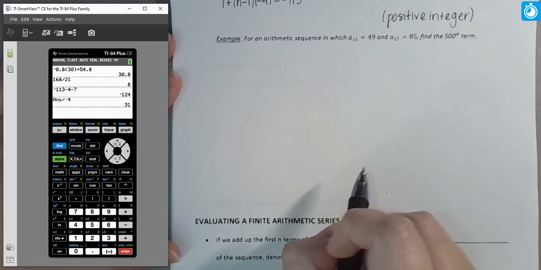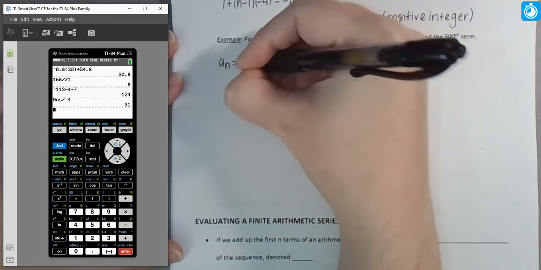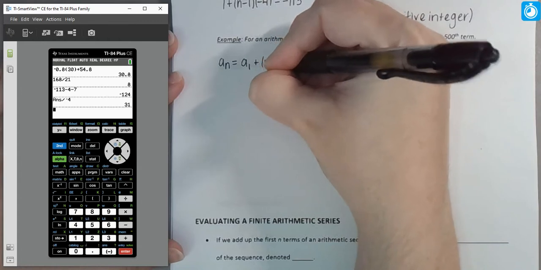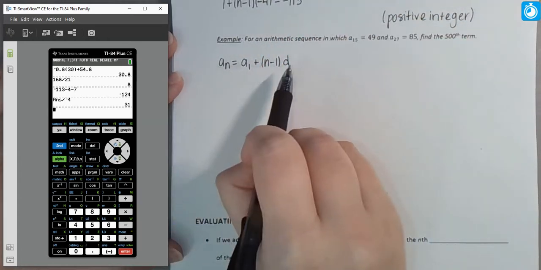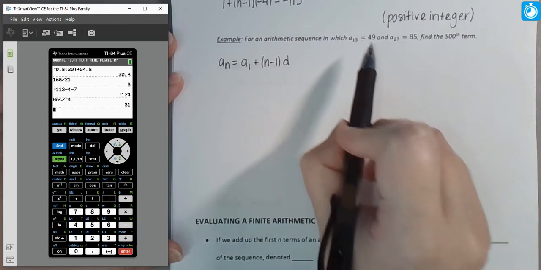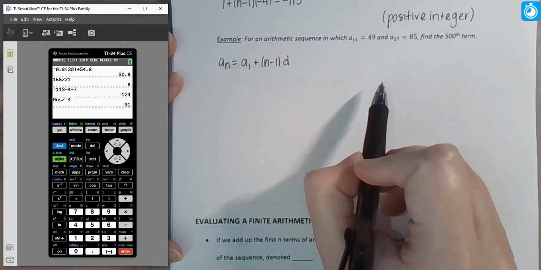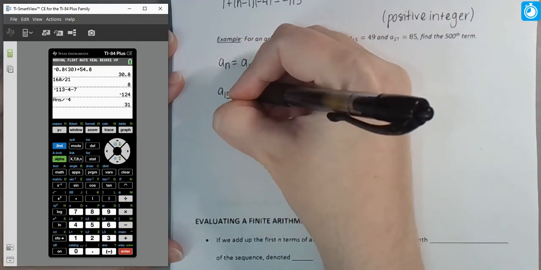So based on how the nth term is structured though, every term is structured in the form a sub 1 plus n minus 1 times d. Well, what does that look like for these two terms? In other words, when n is 15 and when n is 27. Well, for a sub 15, this is what we know.